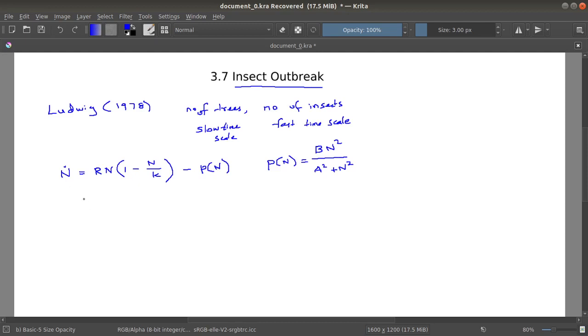I'm going to assume a parameter x, which is equal to n divided by A. So this is a dimensionless parameter, but its value is proportional to the population.